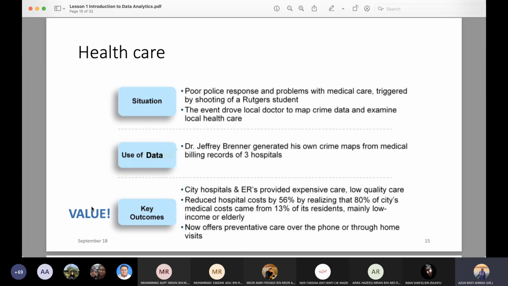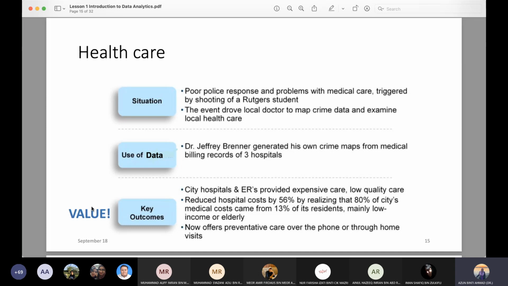So the data has been used to generate the crime map, okay, from the medical billing records of the 3 hospitals. So from the data, okay, the hospital can use it to evaluate. Okay, dia boleh tengok, evaluate, dia boleh check balik whether the service that they offered, the package ke, the prices that they charge for every patient tu macam mana.